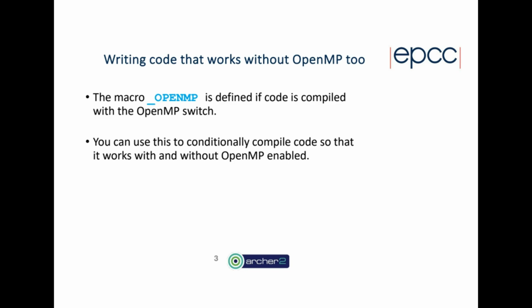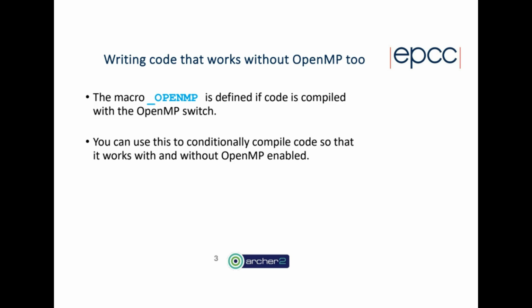It's quite a convenient feature, allowing you to build both parallel and sequential versions from the same code base without having separate versions. Of course, it doesn't quite work if you're calling runtime library routines, because unless you compile with OpenMP enabled, those won't get linked in, and you get linker errors.